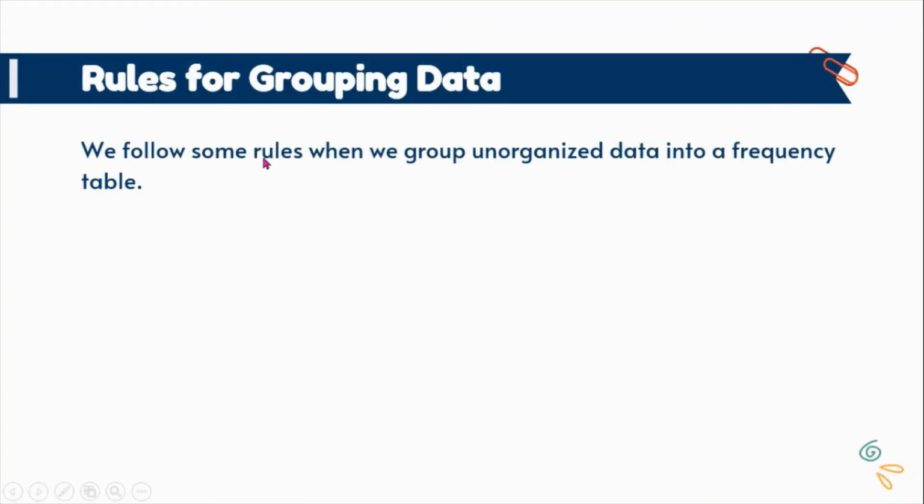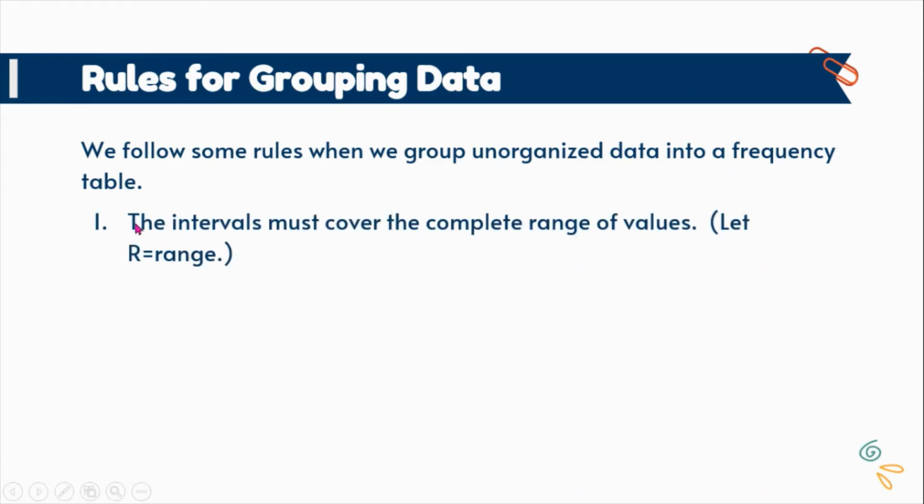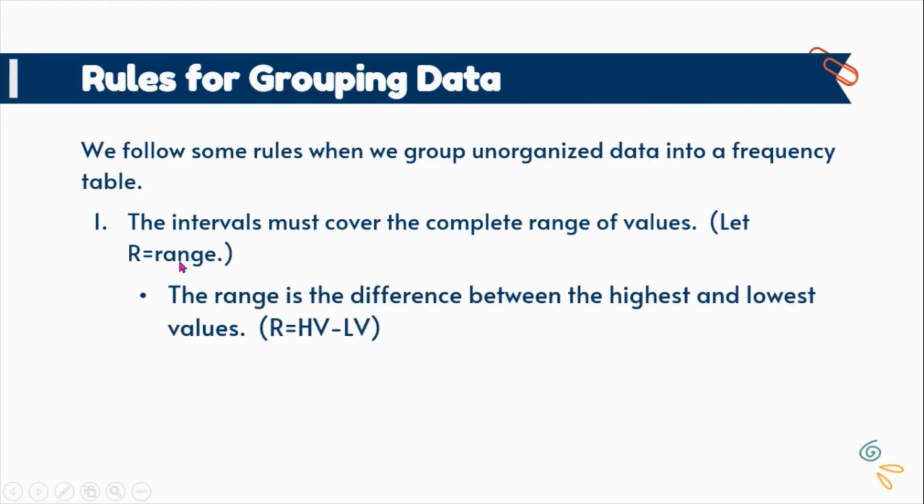We follow some rules when we group unorganized data into a frequency table. First, the intervals must cover the complete range of values. Let R be the range, and the range is the difference between the highest and the lowest values, denoted by R = HV, the highest value, minus LV, the lowest value.